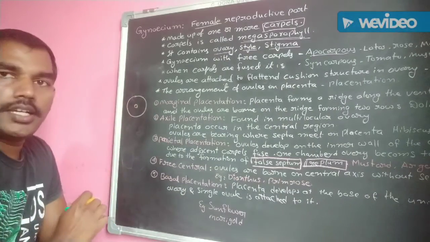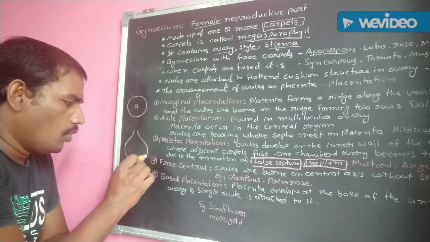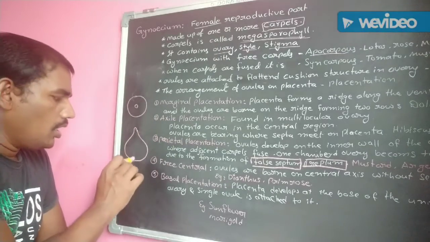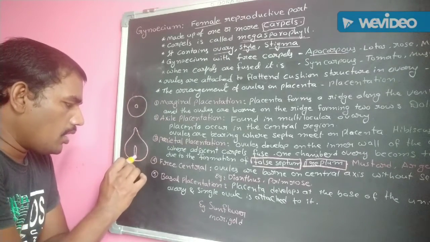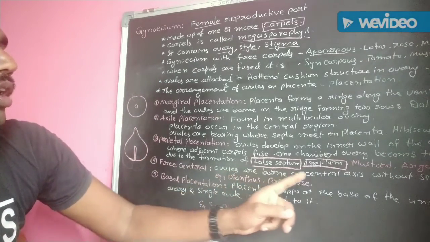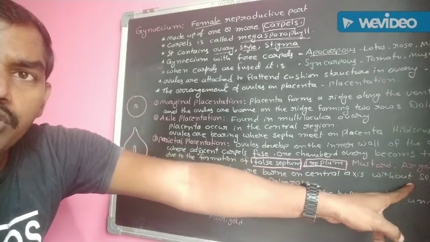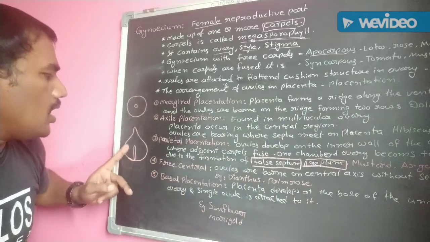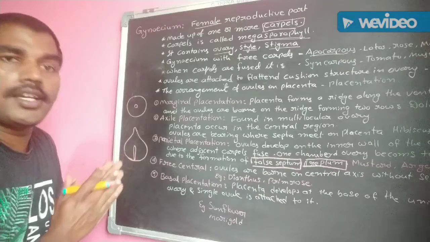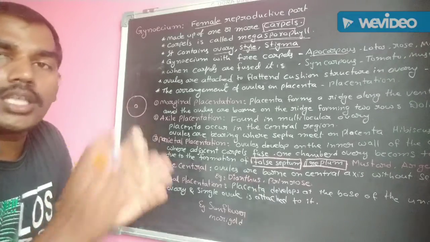This one is a carpel. This one is a placenta. This placenta does not completely separate the ovary. Ovules are borne on the central axis without septa. The placenta is not continuous to the ovary. If the placenta were continuous to the ovary, the carpels would be completely separated.